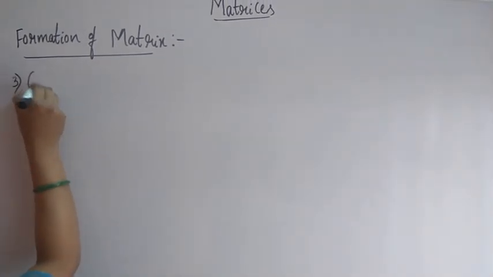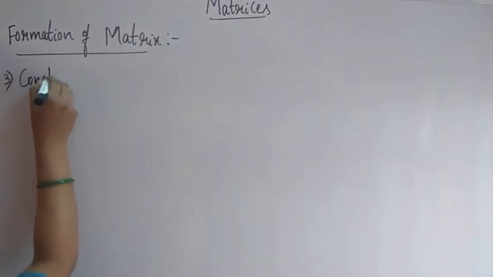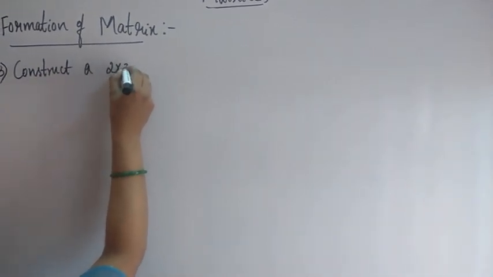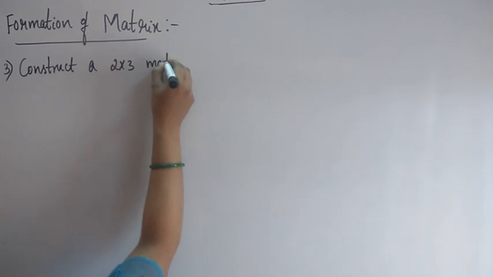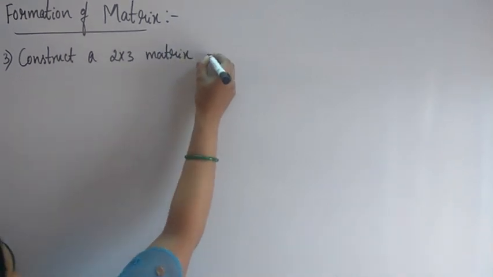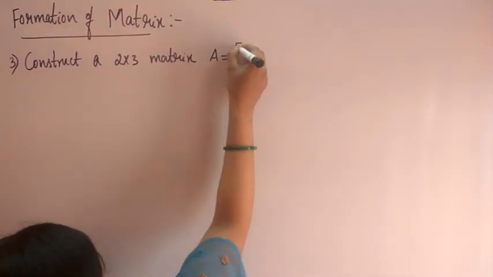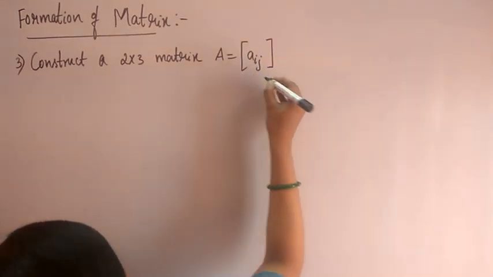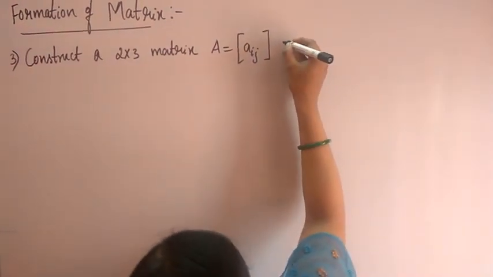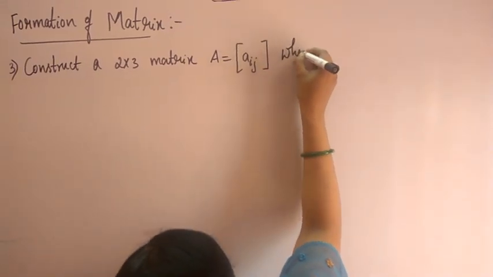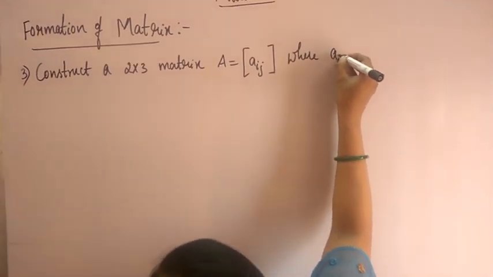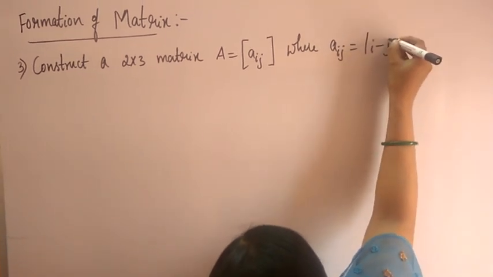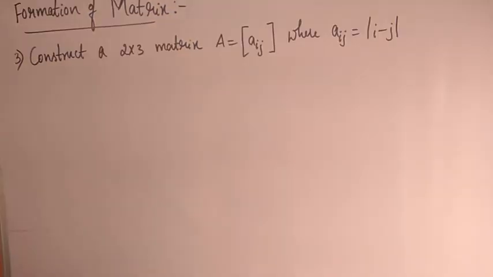So third one, construct a 2 cross 3 matrix. So matrix A equals Aij. Okay. So here the element Aij is in the form of modulus i minus j.